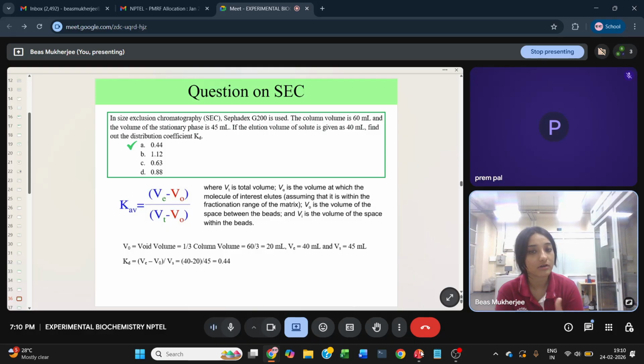VE is given as 40, and VS is the volume of the stationary phase, so that is 45 ml. So Kd, the distribution coefficient, is VE minus V naught divided by VS. VS is basically VT minus V naught, and that comes to 0.44. Okay, I hope that is clear.